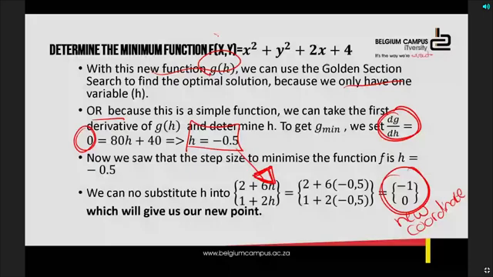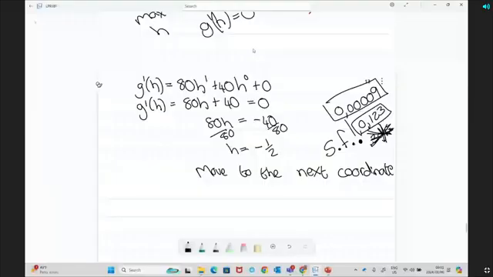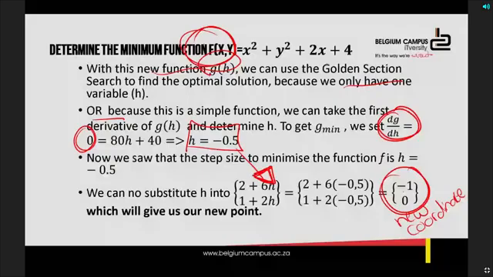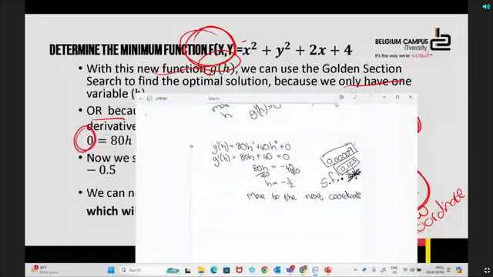So we go back here and we say f of negative 1 and 0. Into x, I substitute negative 1. Into y, I substitute 0. Into x, negative 1 plus 4. And then we calculate.